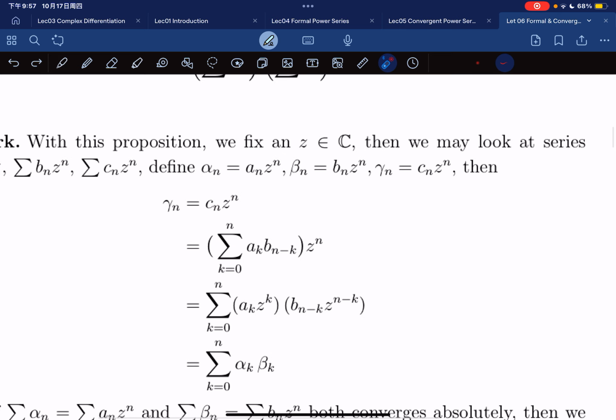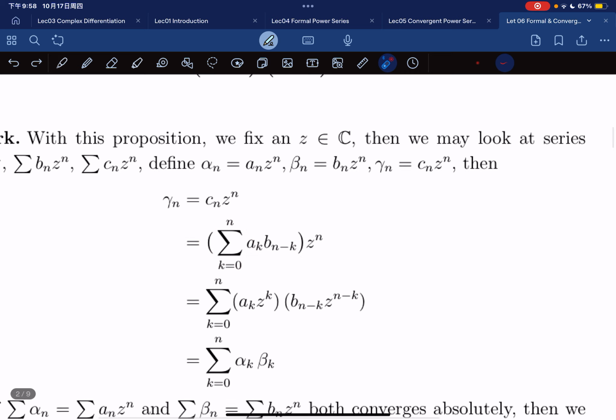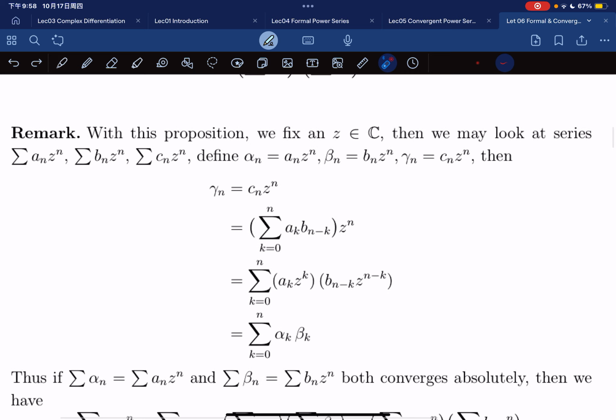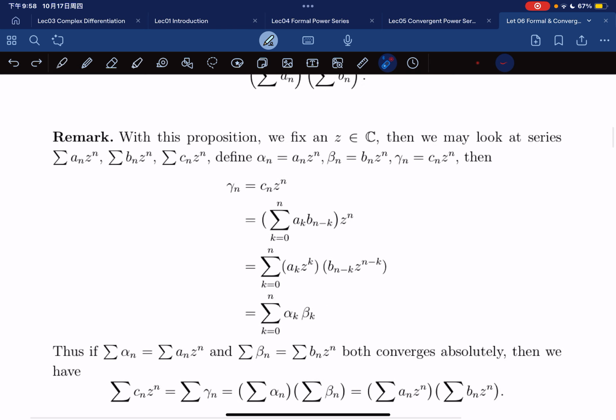But remember, z^n is equal to z^k times z^(n-k) for k running from 0 to n. So we can bring this inside the summation, and this turns out to be beta of n minus k. It's a typo here.